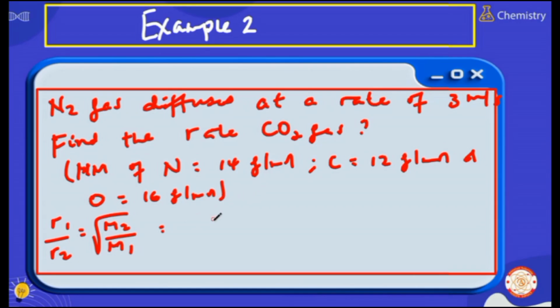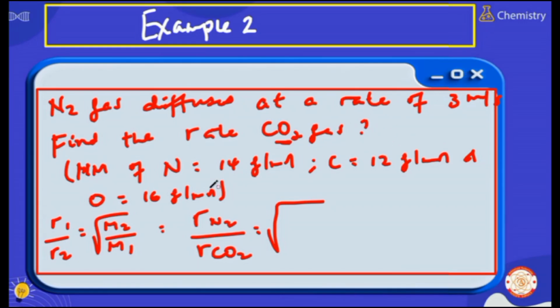Okay, now let's say the first gas or rate 1 be rate of nitrogen. So rate of nitrogen over rate of carbon dioxide is equal to the square root of molar mass of carbon dioxide.